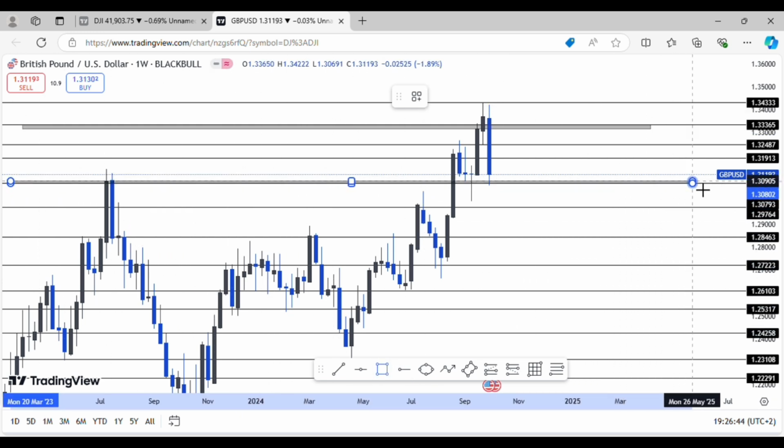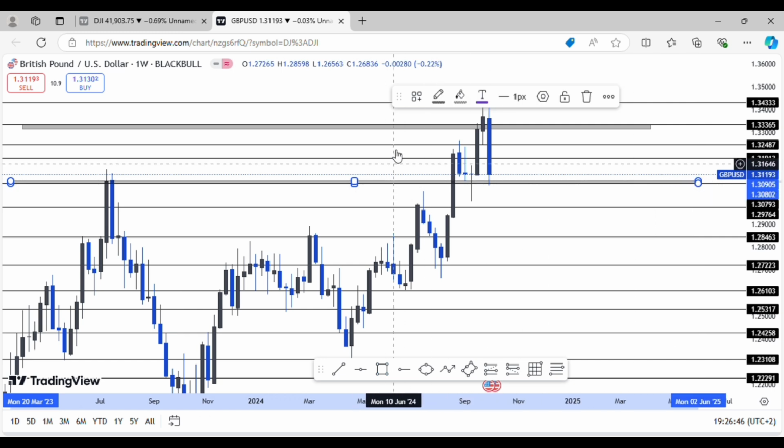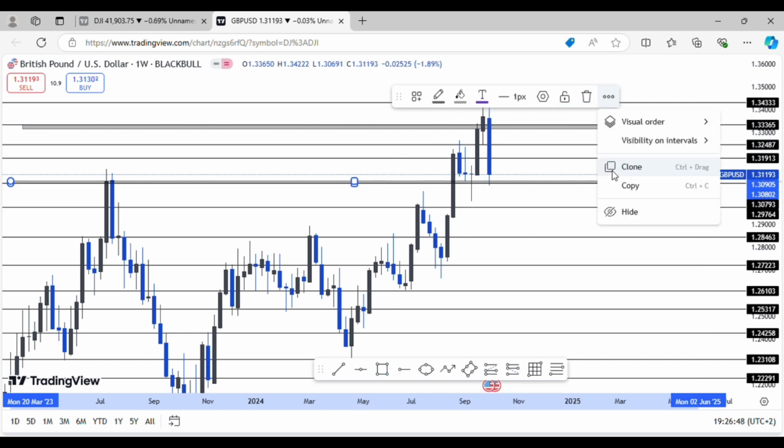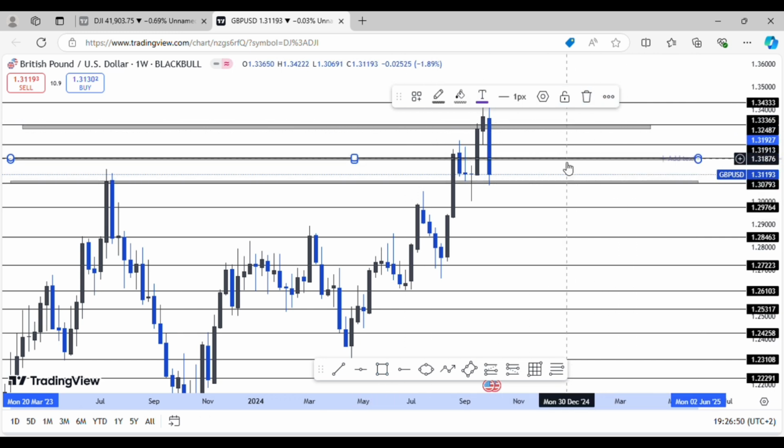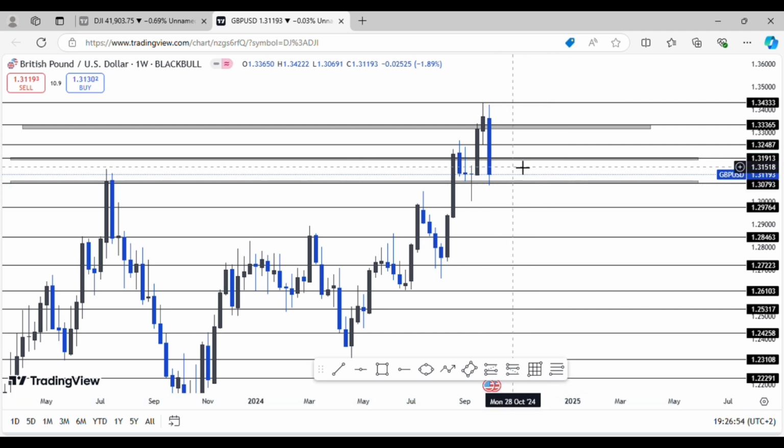You understand? And maybe also clone this in order to get this resistance there for the market to be able to guide me. If it breaks that going to the top side, then I will know that the market is coming to retest on that one.